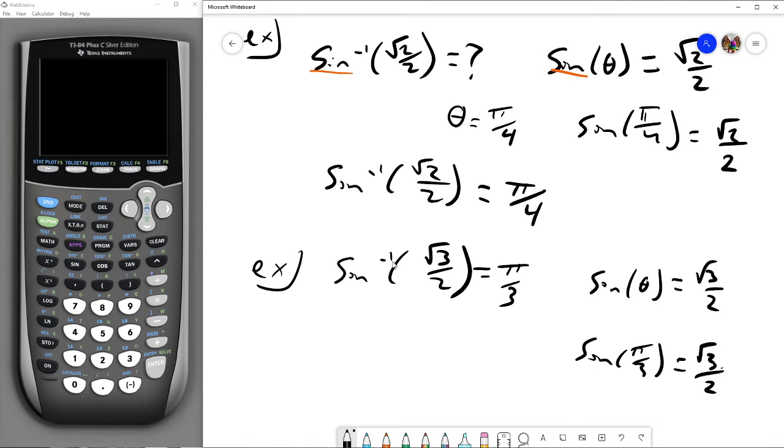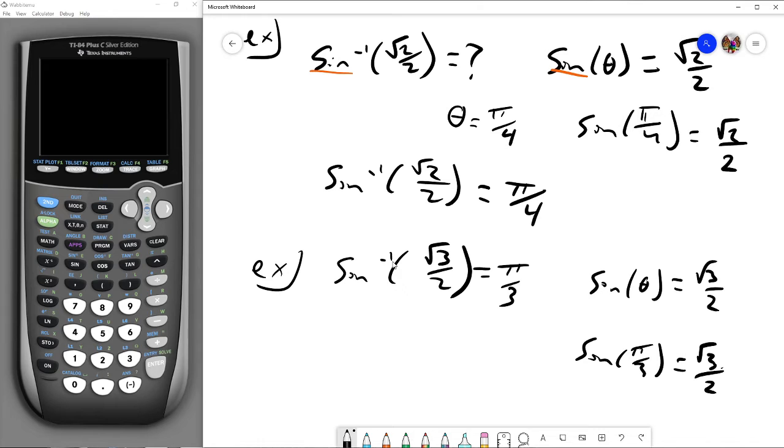So if you plug root 3 over 2 into arcsine, you get out the angle pi over 3. Just keep in mind that for a normal trig function like sine or cosine, you're plugging in an angle and getting out a coordinate or a ratio of those coordinates. For the inverse trig functions, you're always plugging in that ratio and getting out the angle associated with it.